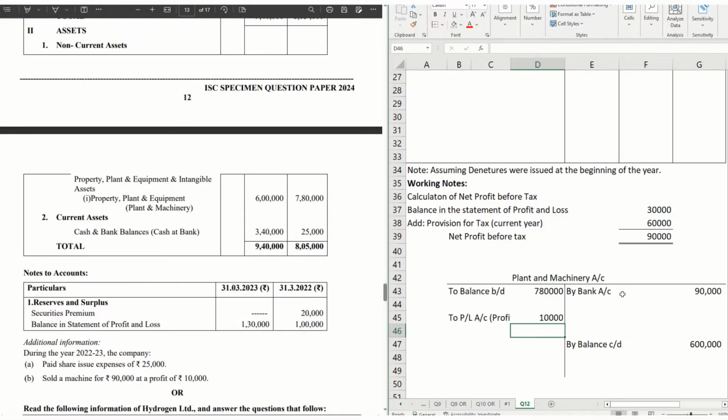Now we have to find the balancing figure. As we can see, this side is 7,90,000, however this side is 6,90,000, right? So the difference is nothing but the depreciation.